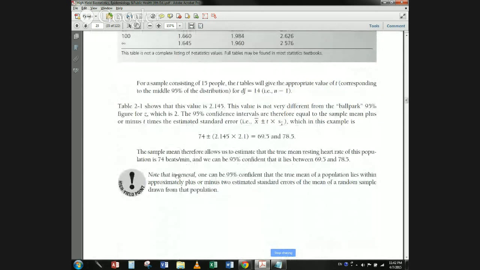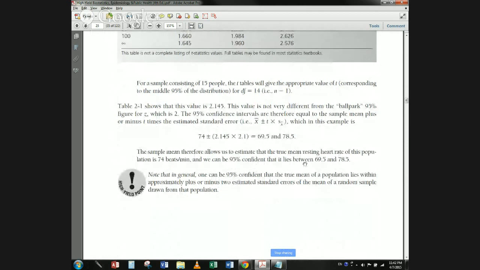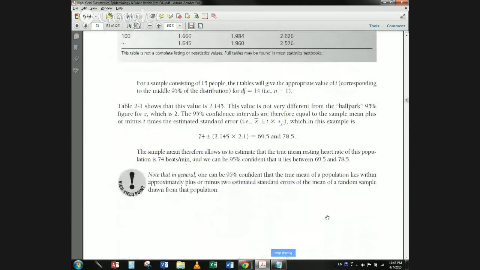Table 2.1 shows that this value is 2.145. This value is not very different from the ballpark 95% figure for z, which is 2. The 95% confidence interval is therefore equal to the sample mean plus or minus t times the estimated standard error.